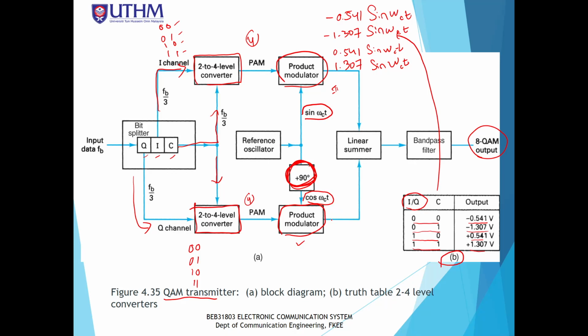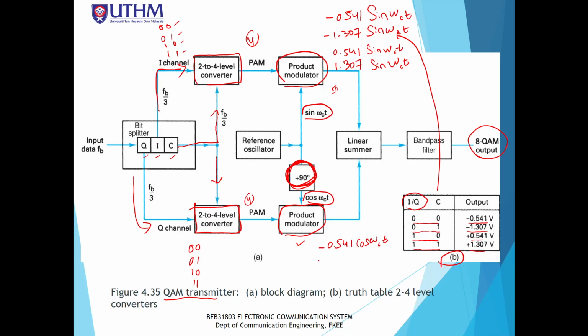Similar with the output of the product modulator in the Q channel, where we multiply with cosine. So that means it is going to be negative 0.541 cos omega ct.